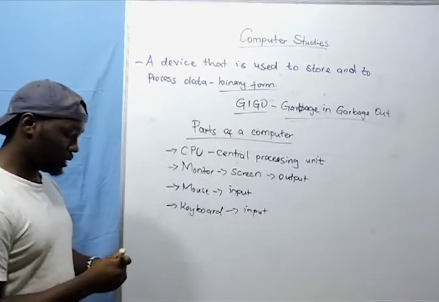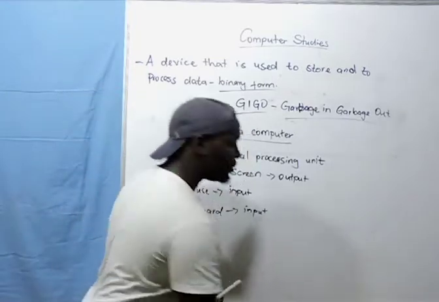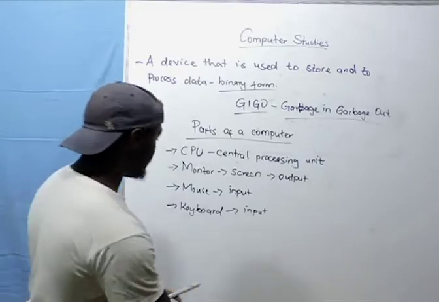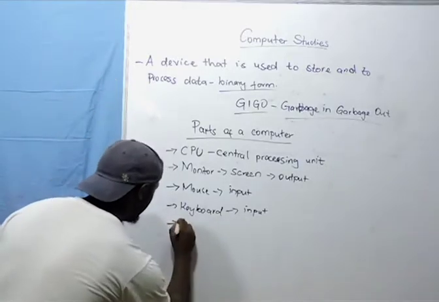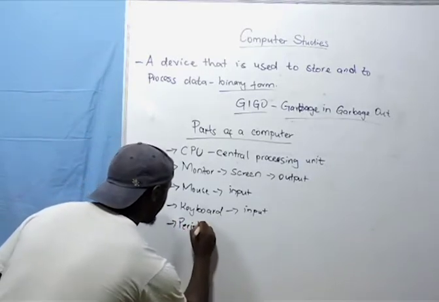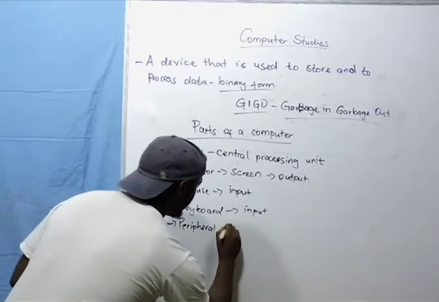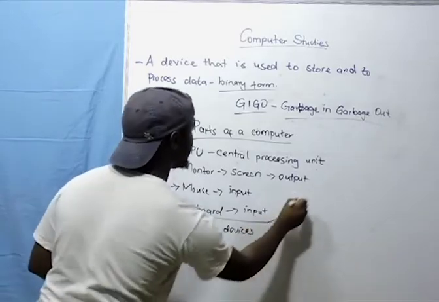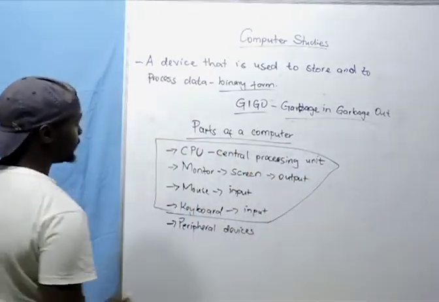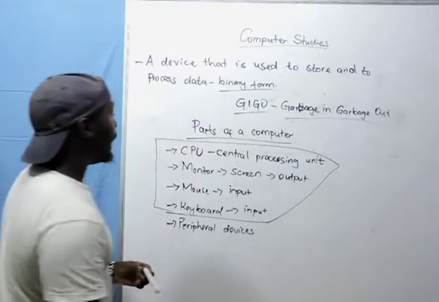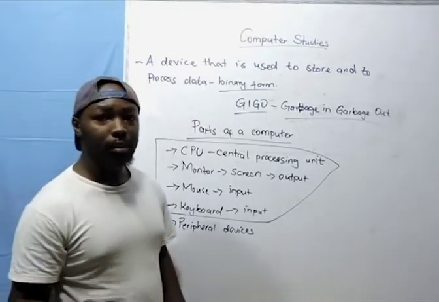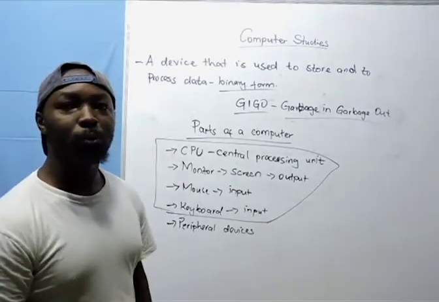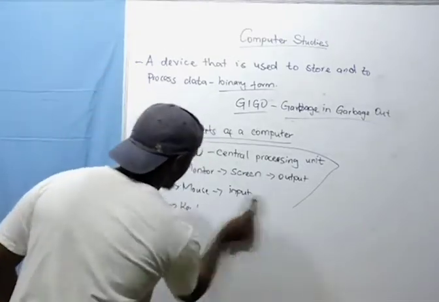to the computer. These are the main parts. Of course there are other peripheral devices which we can include, but majorly this is what we're looking at. So on this we're going to be looking at the CPU, which is the central processing unit.